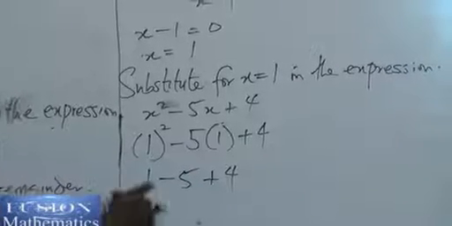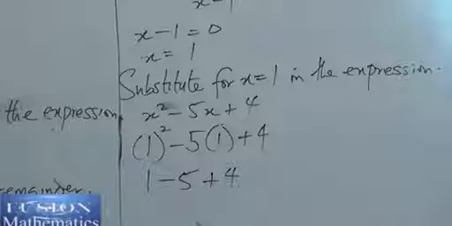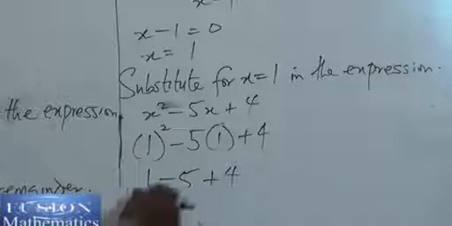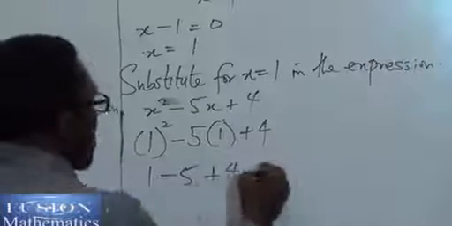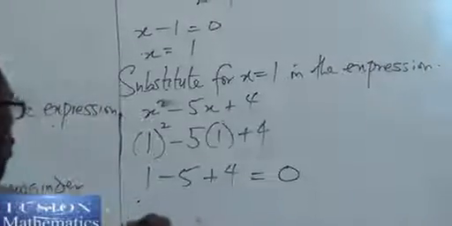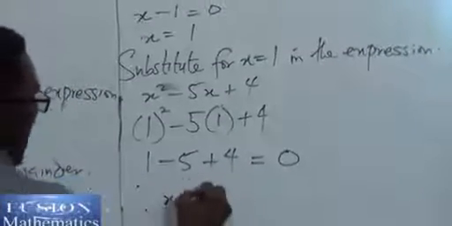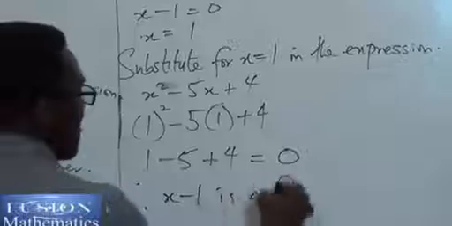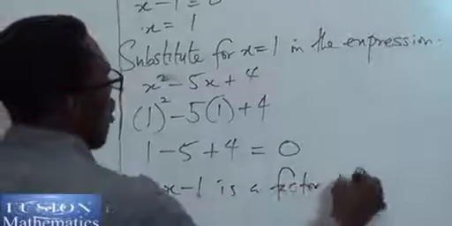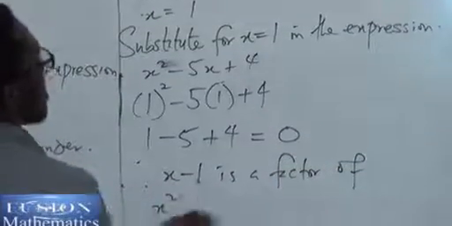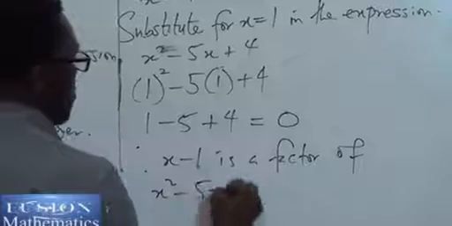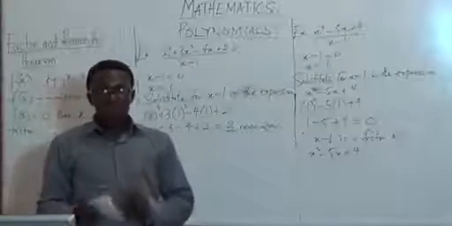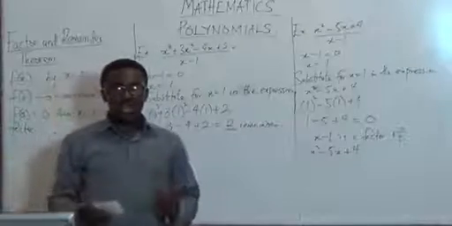So here we have 1 minus 5 is minus 4. Minus 4 plus 4 will give us 0. So therefore, x minus 1 is a factor of x squared minus 5x plus 4. So this is how we use the factor and the remainder theorem.